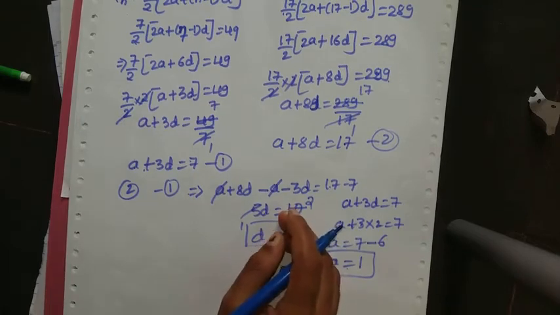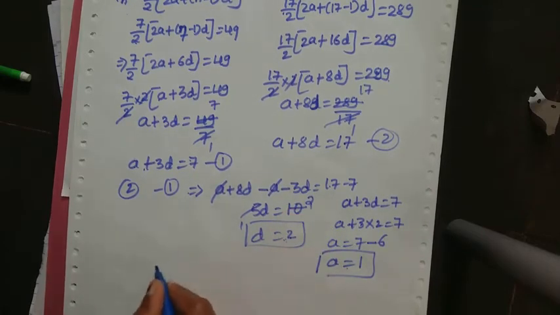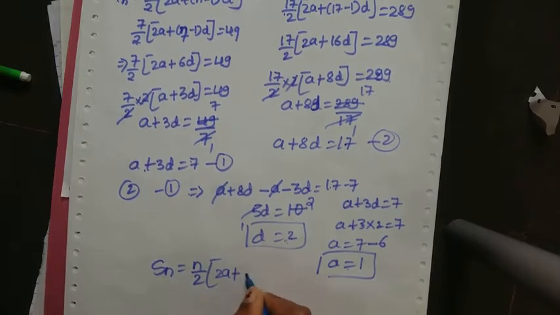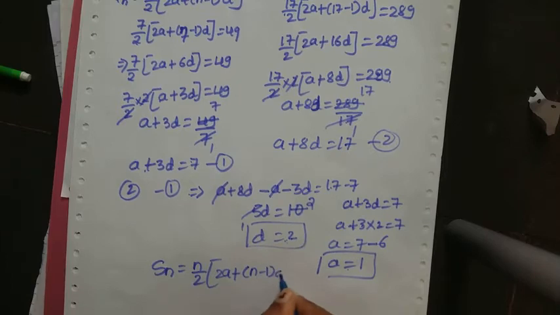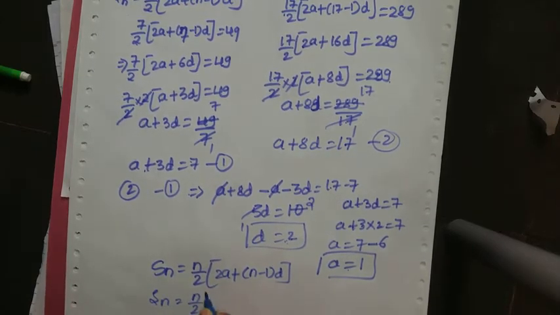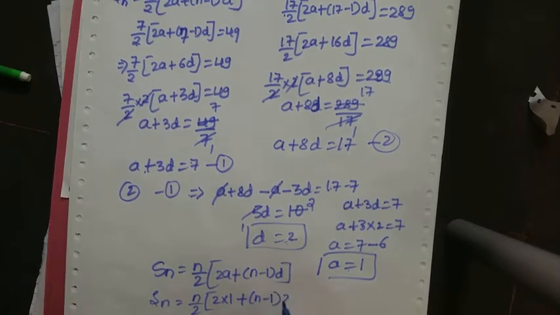Now we need to find the sum of n terms, that is Sn. Sn is equal to n by 2 into bracket of 2a plus (n minus 1) into d. Here 2 into a, which is 1, plus (n minus 1), d is 2.